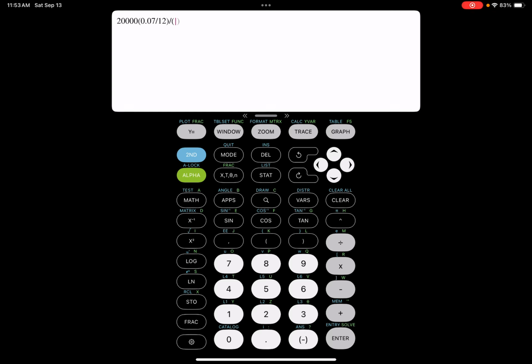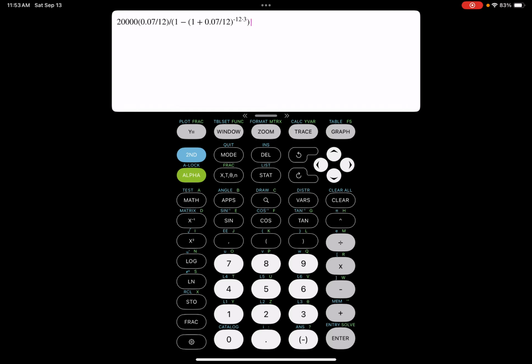Let's use parentheses to represent the bracket. 1 minus parentheses 1 plus 0.07 divided by 12 and raise it to the negative nt. N is 12, t is 3 years. Move the cursor down. Close the parentheses.